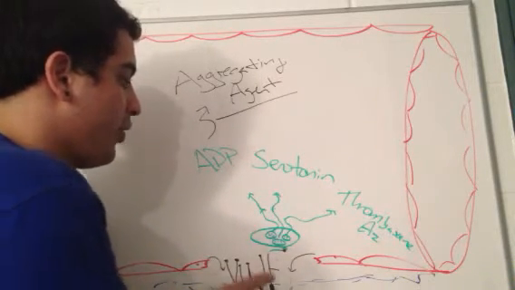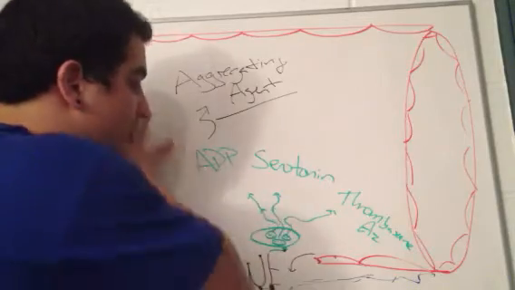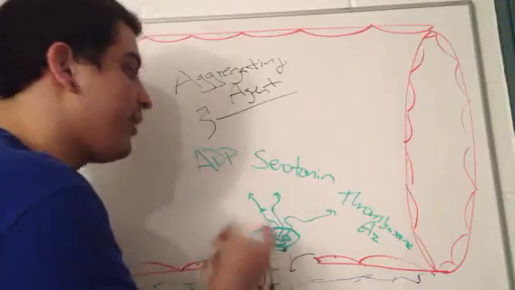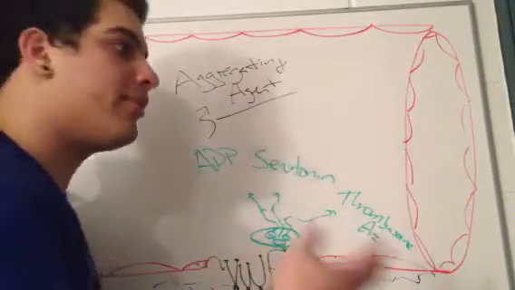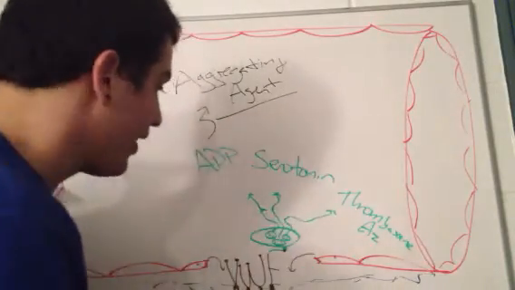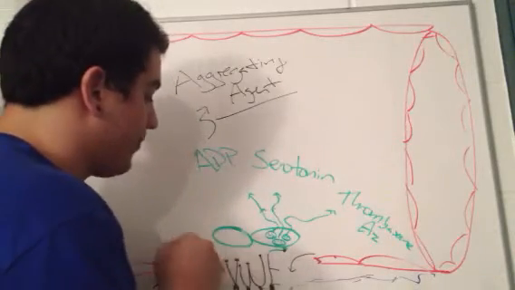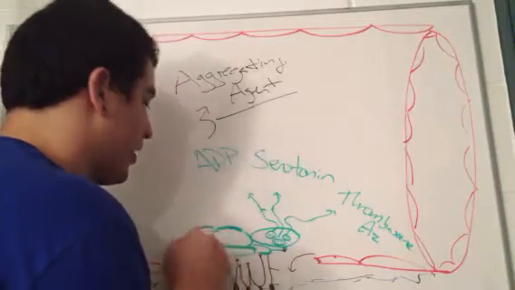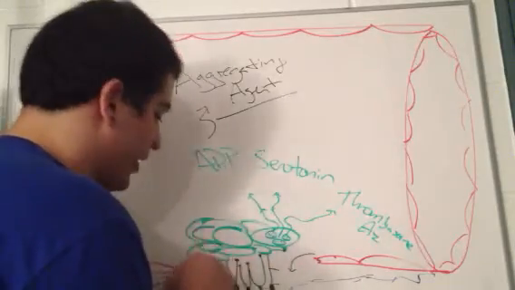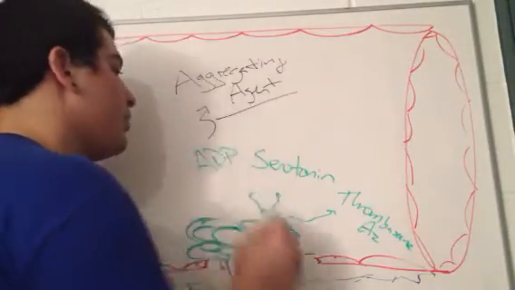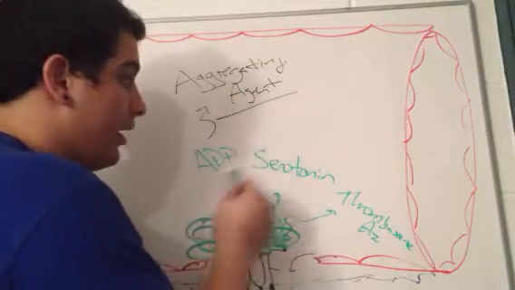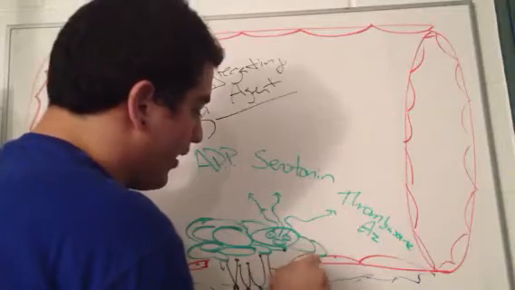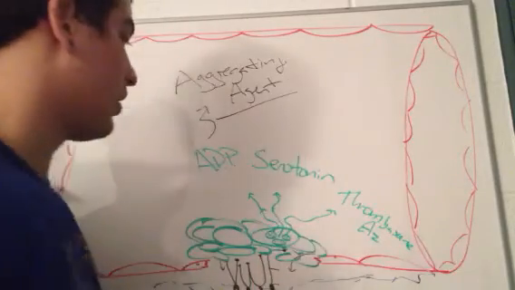ADP not only causes the platelets to adhere, but it also causes them to release their contents. Because now another platelet rushes in and its receptors get activated. Another platelet, and another, and they keep releasing their contents, ADP, serotonin, thromboxane A2, until these platelets form a nice big plug.